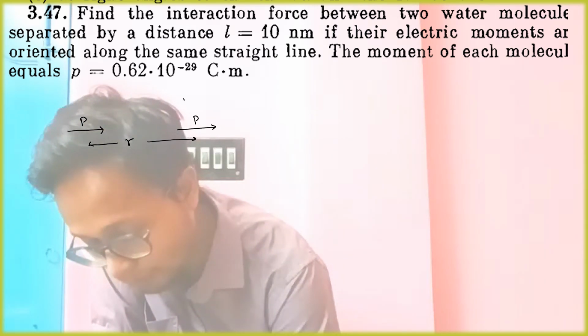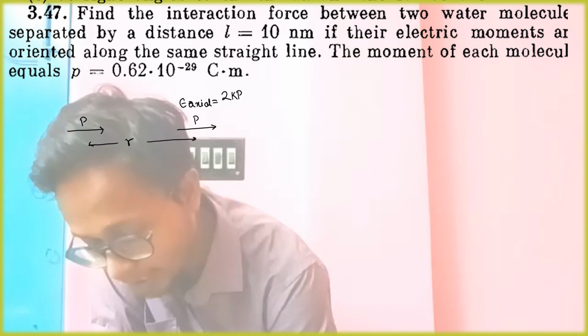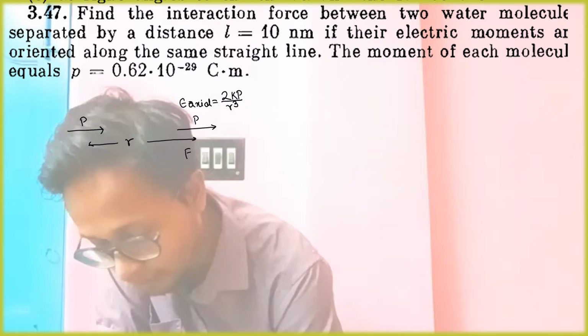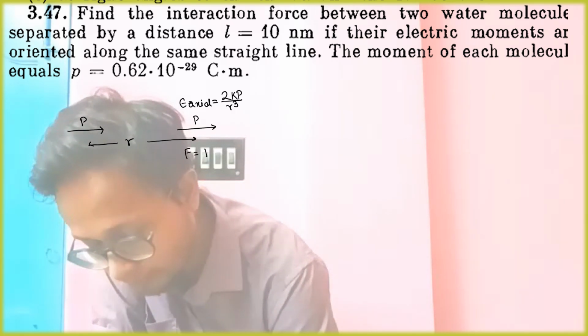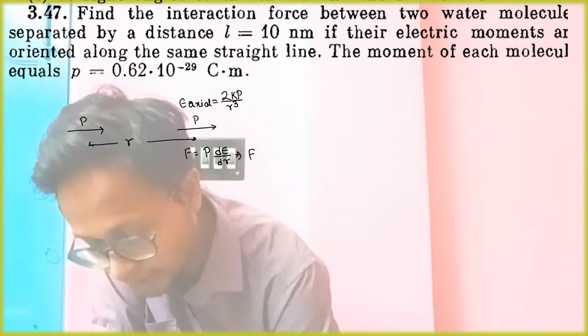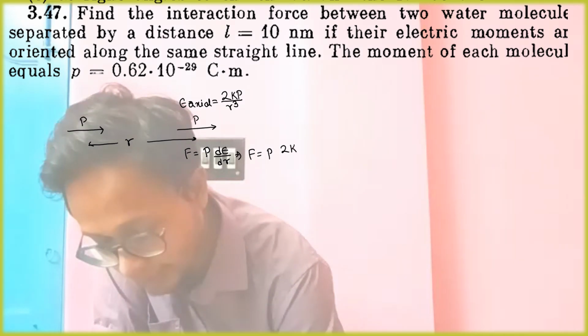So axial component of electric field is equals to how much? 2 kp by r cube, isn't it? And force acting on this dipole should be equals to P into dE by dr, or force is equals to P into 2 kp by r cube.